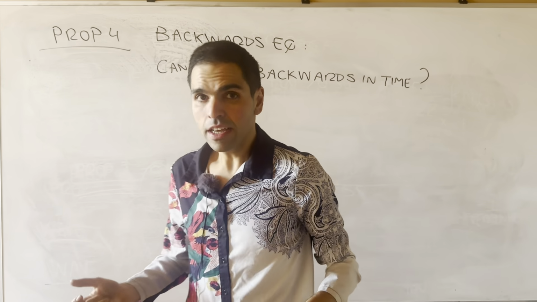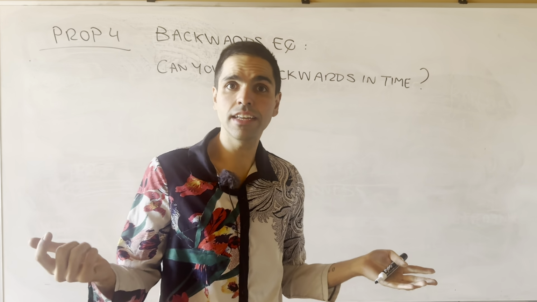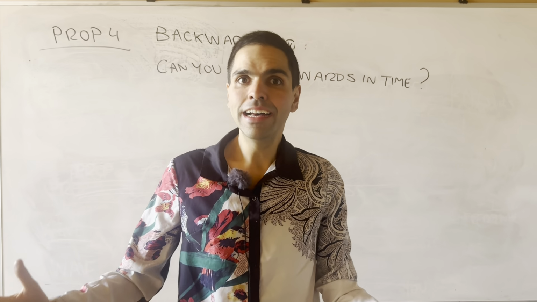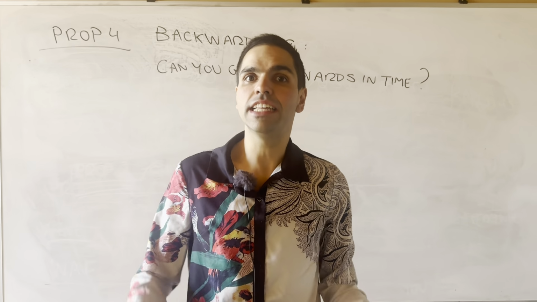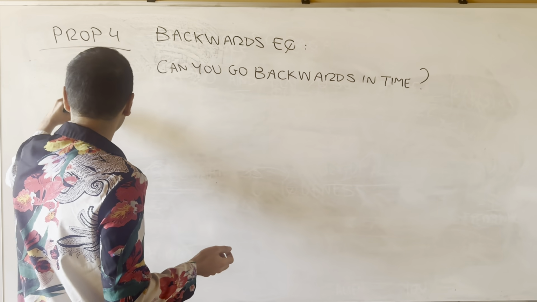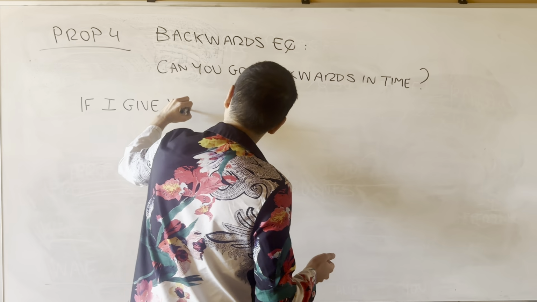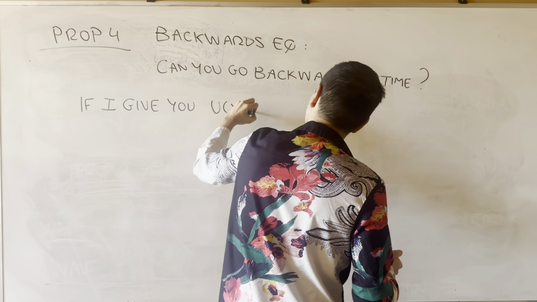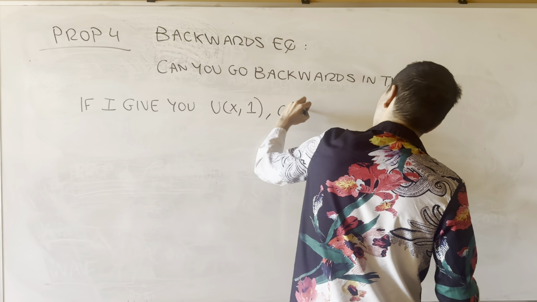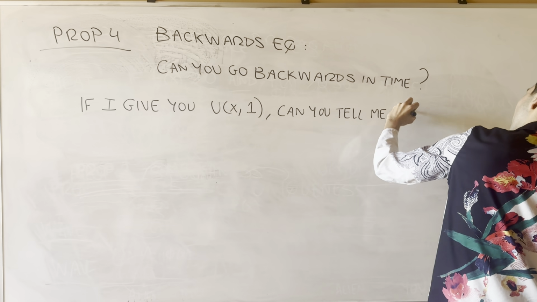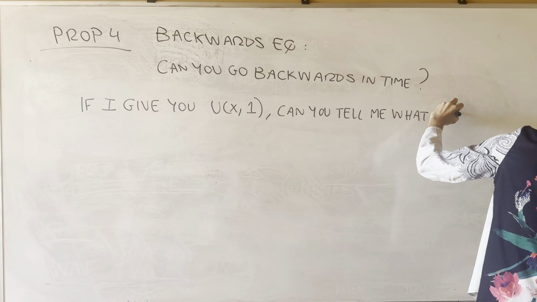In other words, if I tell you, for instance, what the heat is at time 1, can you tell me what the heat is at time 0? So if I give you u of x,1, can you tell me what u of x,0 is?